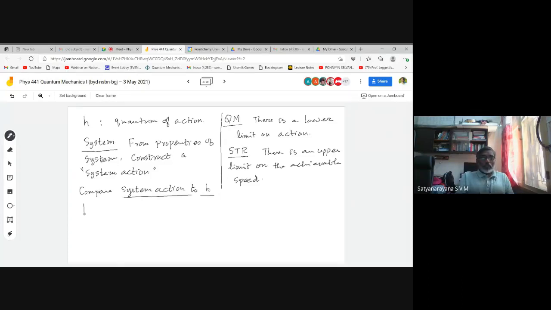Now the recipe is, if the system action is comparable to the numerical value of h, then quantum mechanics is necessary to address such a system. If your system action is much greater than h, then classical mechanics is adequate.